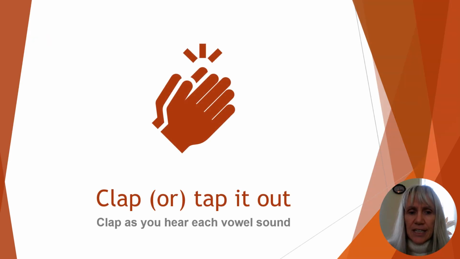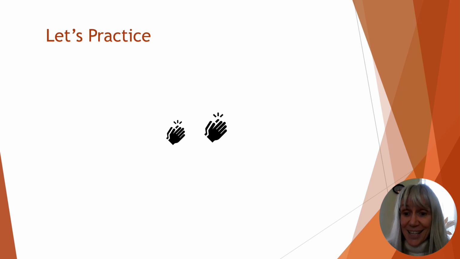So first, let's look at clapping, or you could tap the table, tap your feet, but clapping is a good way to remember it. Clap or tap it out. Clap as you hear each vowel sound. Let's practice. Now again, this is still phonological awareness, so it's all about the sound.